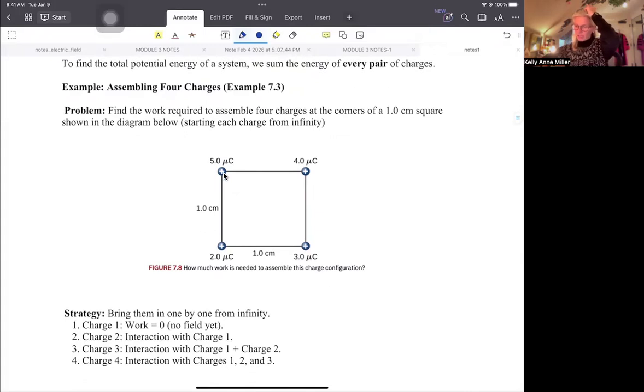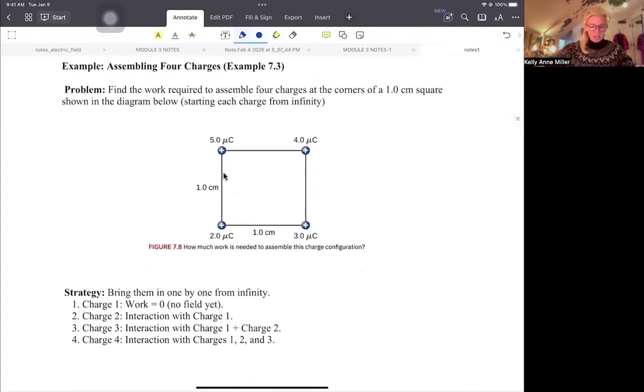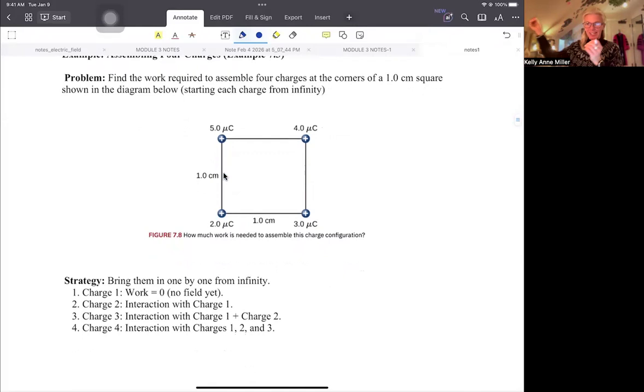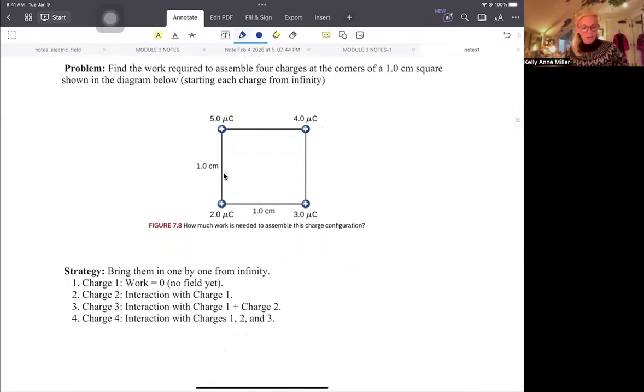The strategy is to bring each charge in from infinity and then calculate the work needed to do that. We're going to go through four different steps and then add up all the work at the end.